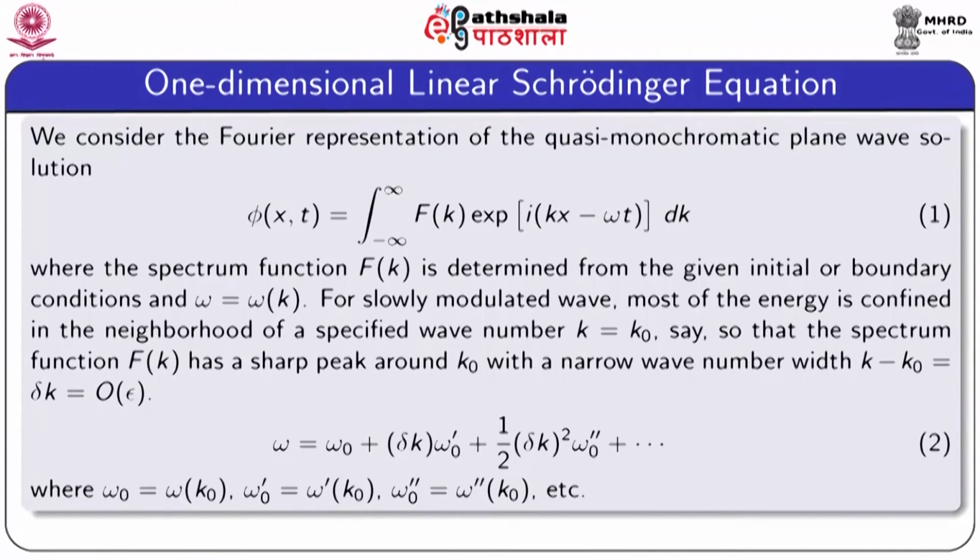To derive one-dimensional linear Schrodinger's equation, we consider the Fourier representation of the quasi-monochromatic plane wave solution in the form phi equals the integral of capital F, which is a function of wave number k, times e to the power i(kx minus omega t) dk, where the function F(k) is the spectrum and is determined from the initial and boundary conditions.